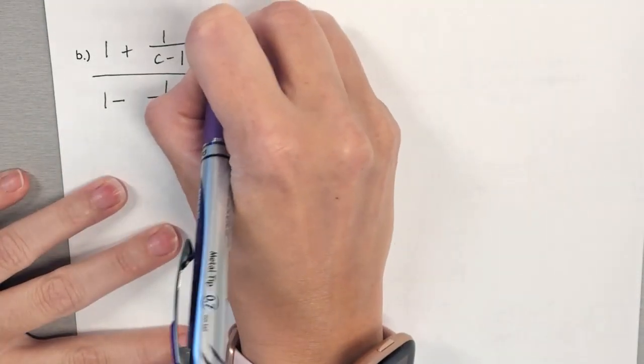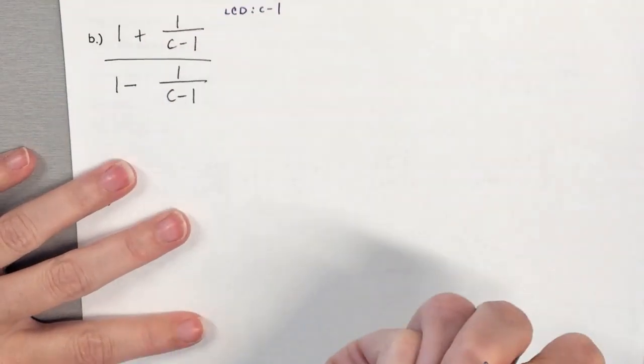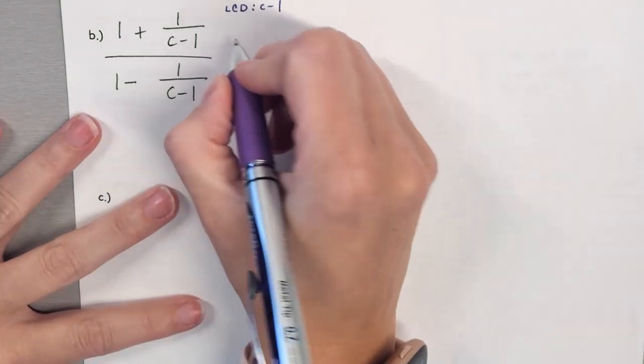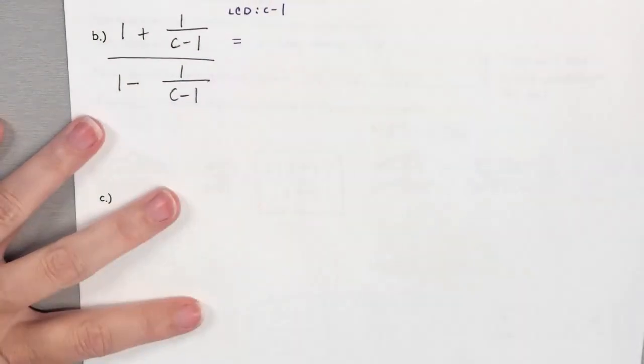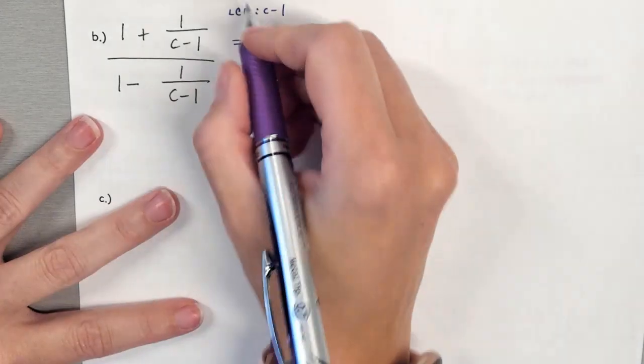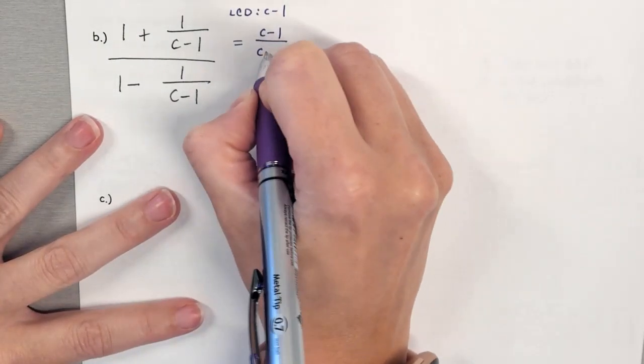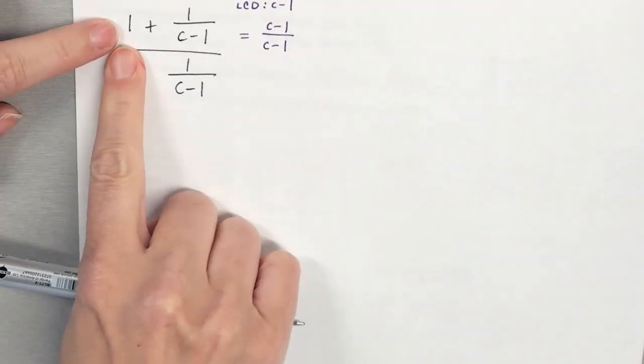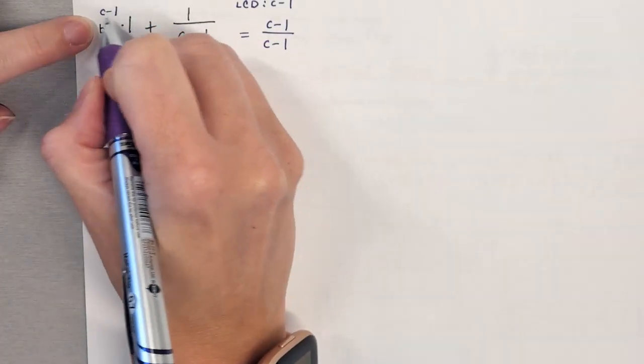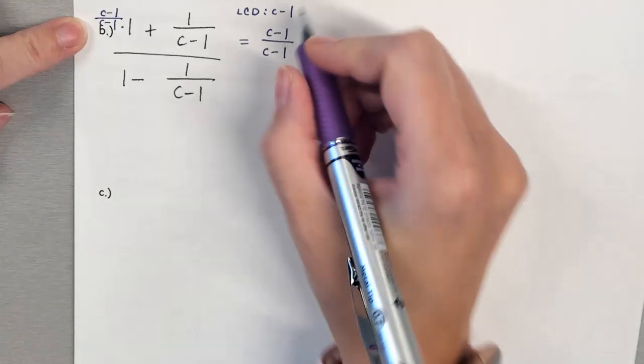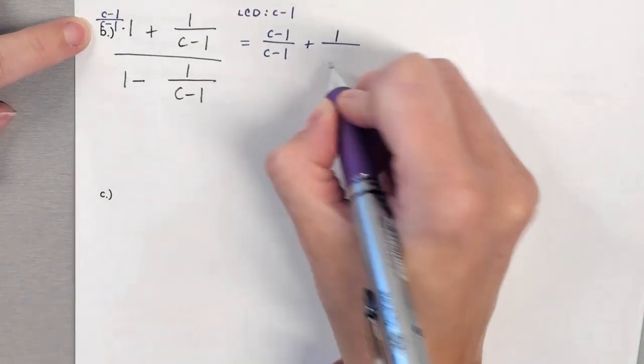Yeah. So if that's your LCD, you would multiply the 1 by C minus 1 over C minus 1. So if you want to just change that right away, the 1, if you multiply that by C minus 1 over itself, it'll be plus 1 over C minus 1.